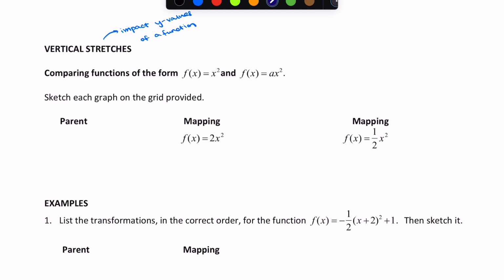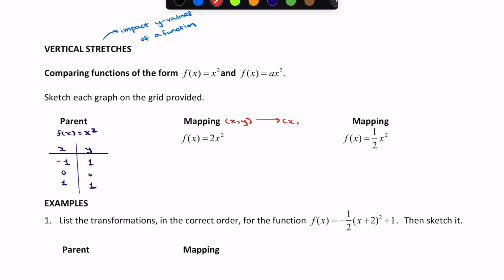So here, if we draw our parent function, that's f of x is equal to x squared. We draw our table of values, same thing as we've done previously. Here, when we look at f of x is equal to 2x squared, it's going to go from the original parent function.